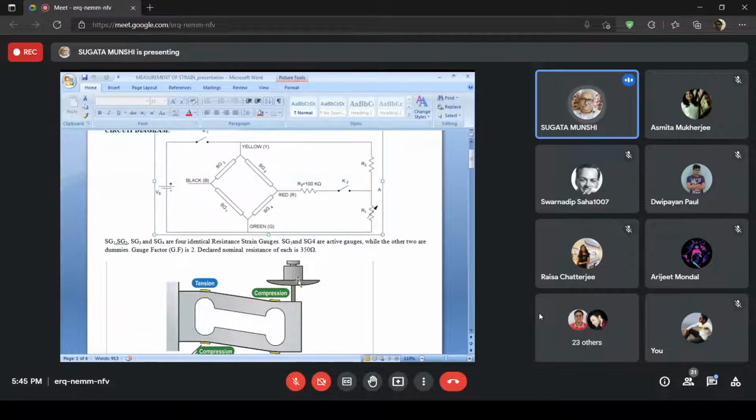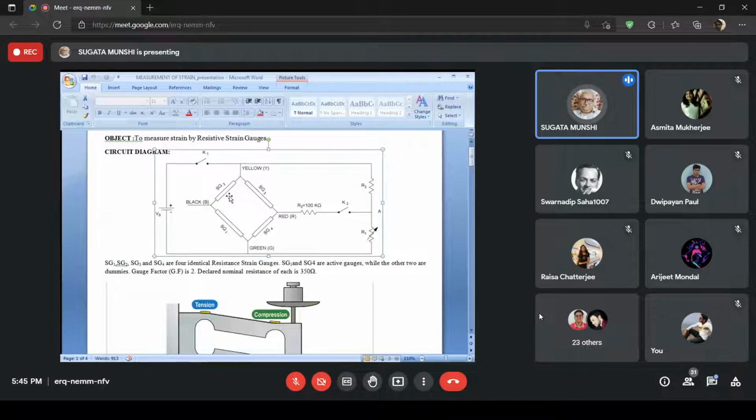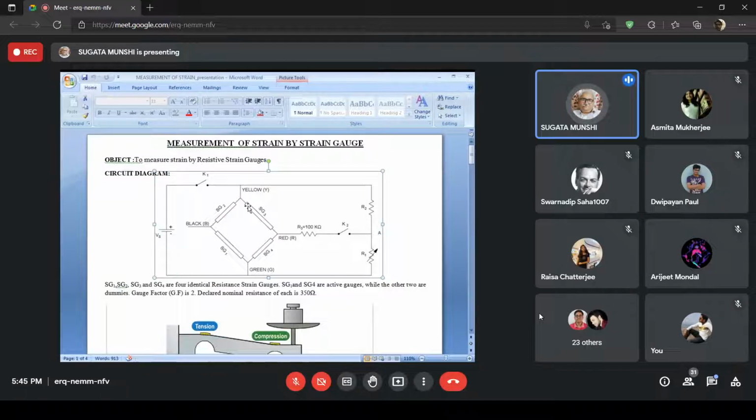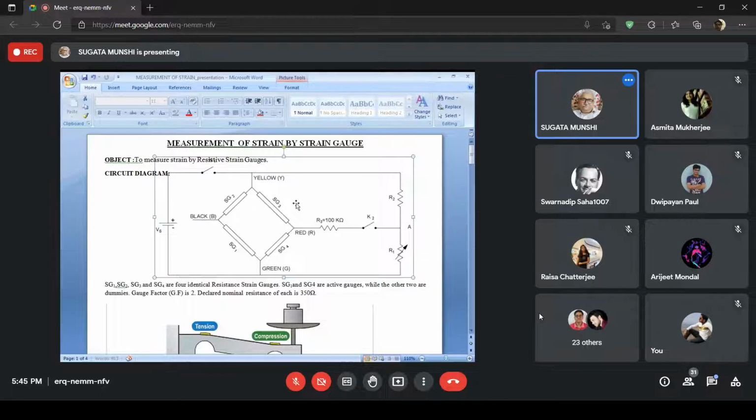In this case, the situation is such that you cannot place all the 4 gauges, 2 under tension and 2 under compression. SG1 and SG4, these two strain gauges are active strain gauges. One is under compression, one is under tension.